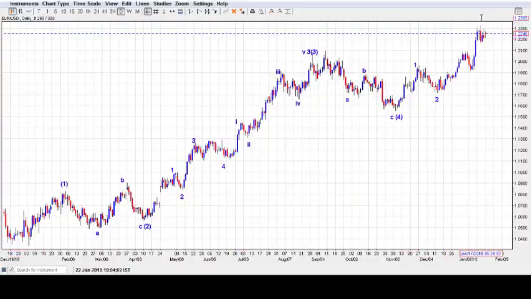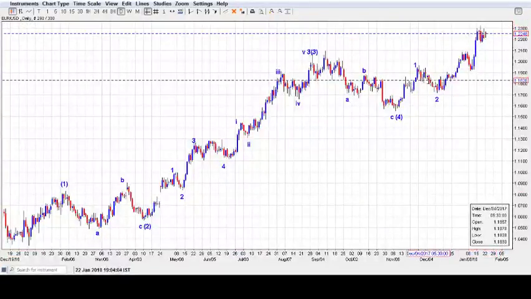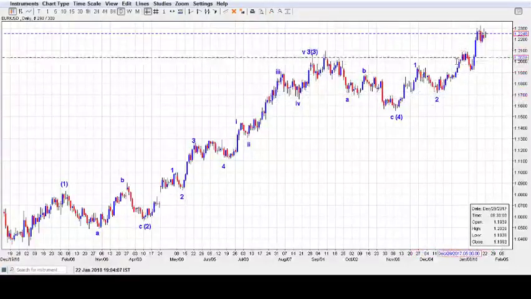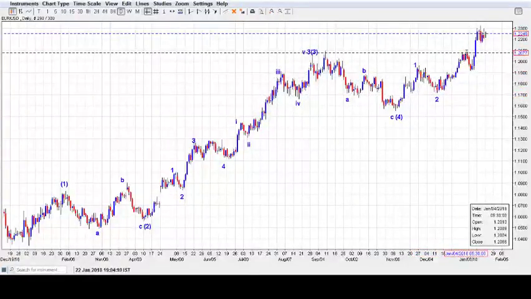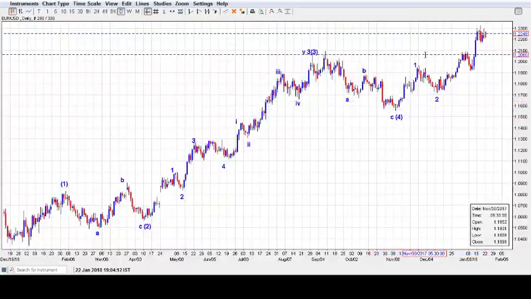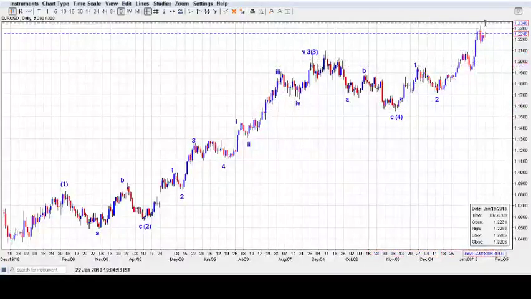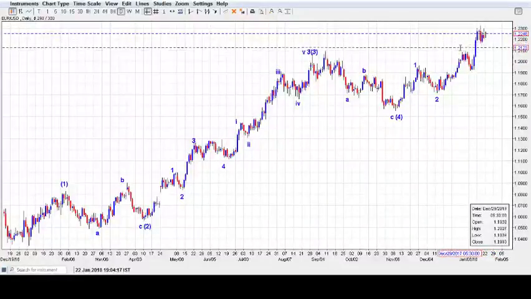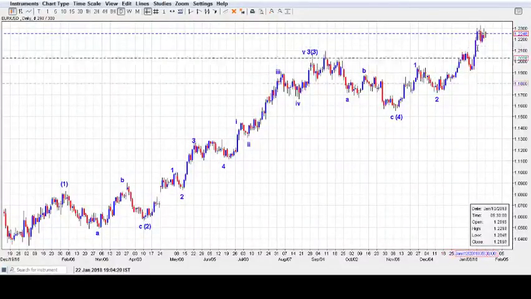Fifth wave would have already terminated here. Unfortunately, the distance traveled by wave 3 is less than wave 1 and the proposed wave 5, so it's not okay for us to label this as 3, 4, and 5.